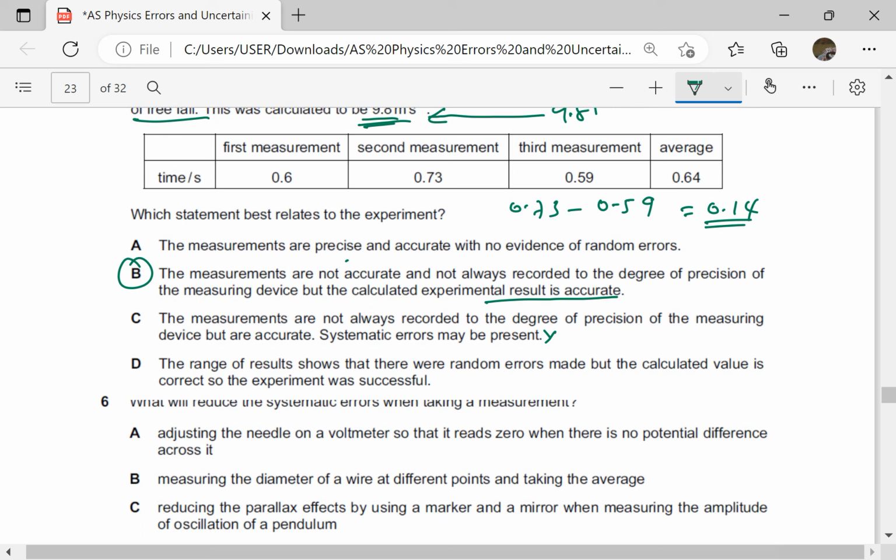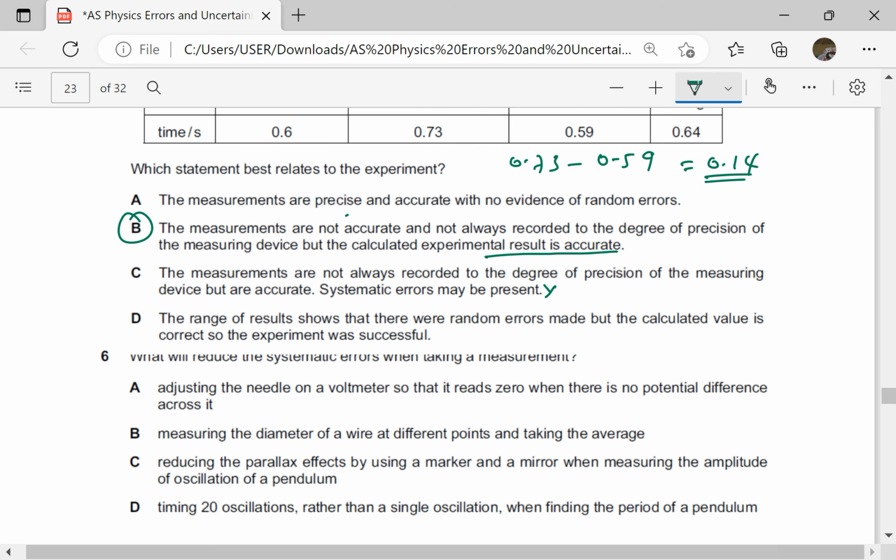We can't see random errors from this because we are just using the value of time to find g. So the most appropriate is B.